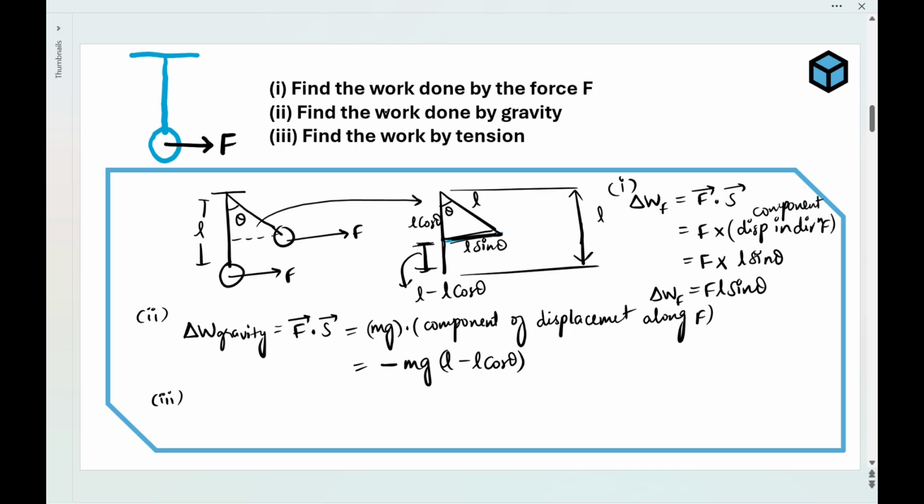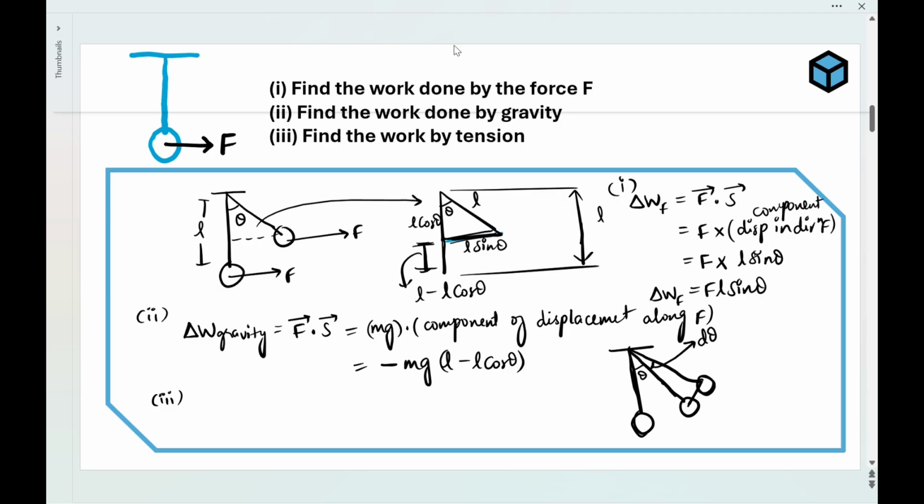This is the most interesting part. So at any instant, take this pendulum at some angular position theta, and it's going somewhat higher. So what you can see here, let's say this is a very small angle d theta. So the displacement is like this. Let me change the color.